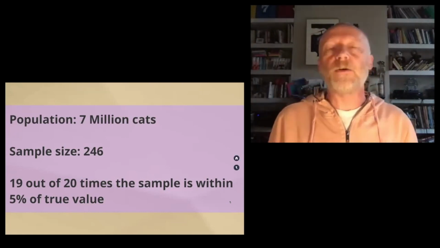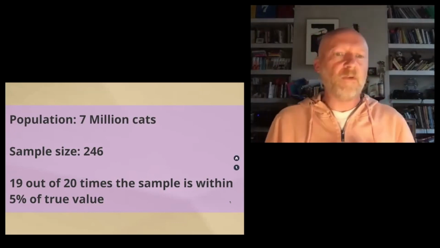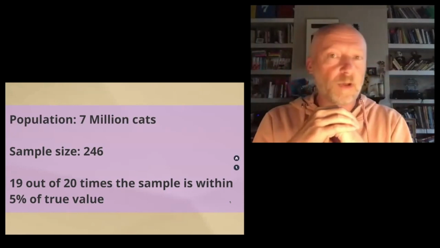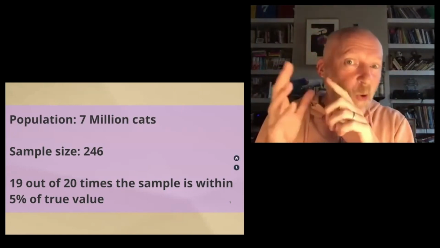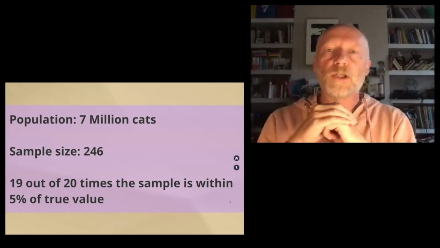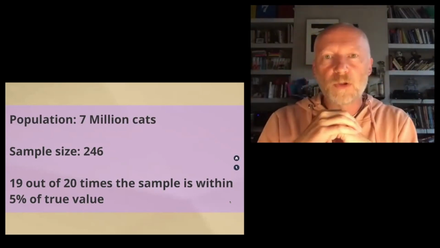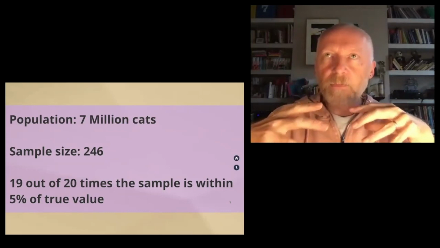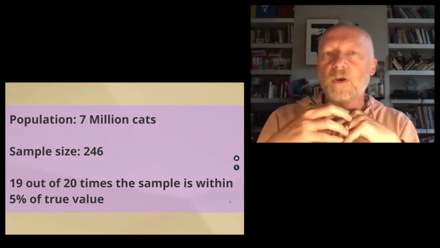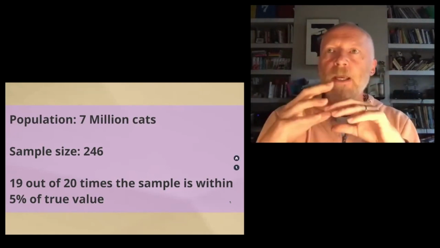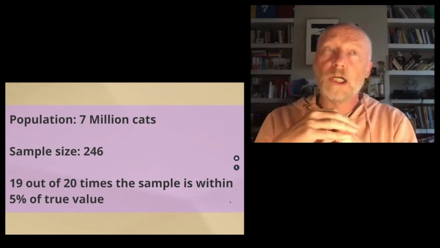No, actually, you can get away with a shortcut and ask only 250 cats, and you can be confident that what you're getting from that small population is 19 out of 20 times within 5% of the true value. So I think that being able to know how much data to look at before you know what's really going on in your data is going to be a very powerful shortcut going forward.